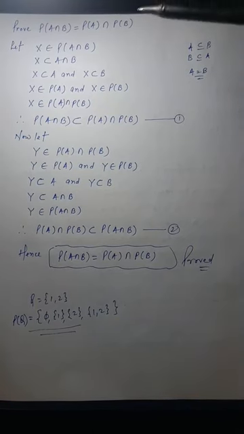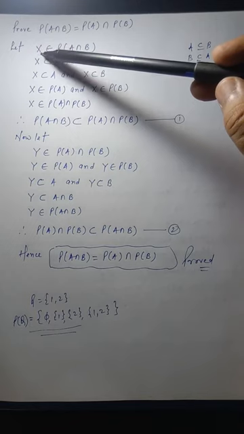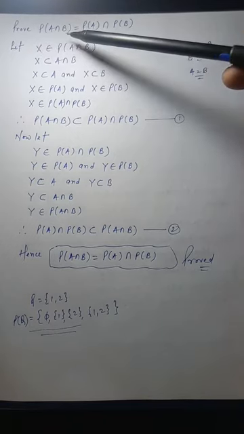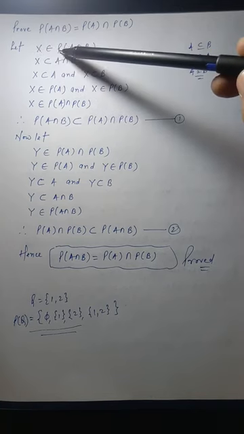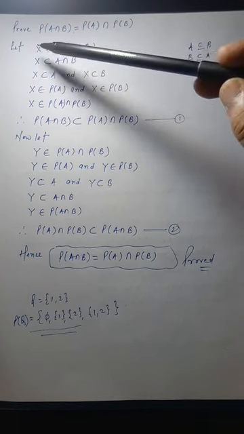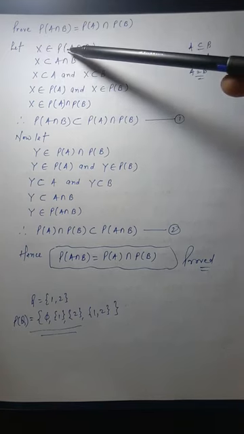So for this, assume that there is an element capital X which belongs to this set. This X belongs to power set of A intersection B.